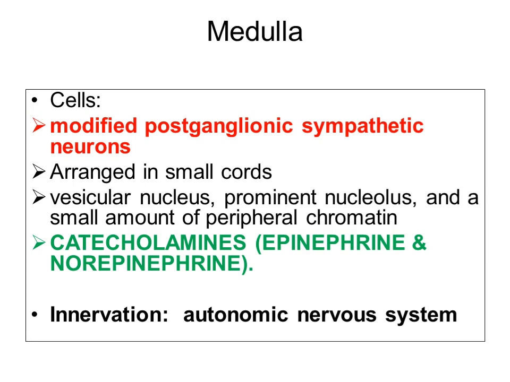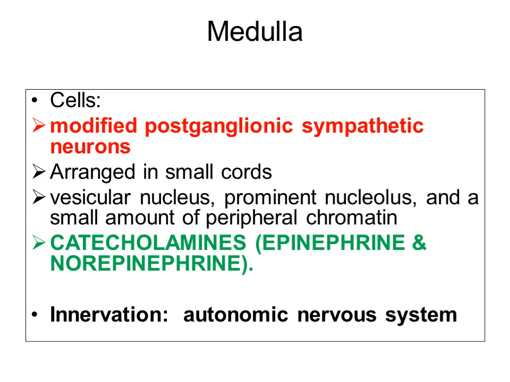The medulla has the chromaffin cells, which are nothing but modified post-ganglionic sympathetic neurons, and the difference from the other sympathetic neurons is that it does not have dendrites and axons.